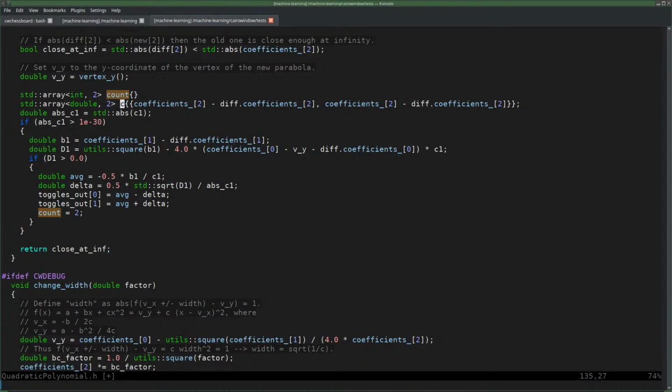A double 2C, first element. One more, second element.